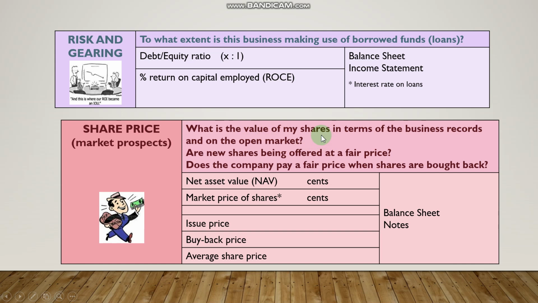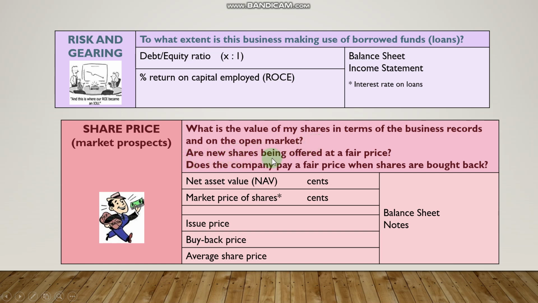So when you see a question like this, remember those two important points. The business records being the balance sheet of the company, and the open market being the stock exchange. Sometimes they will say Securities Exchange, or they will say the JSE, the Johannesburg Stock Exchange. Remember, they are talking there about the open market where the shares are bought and sold.